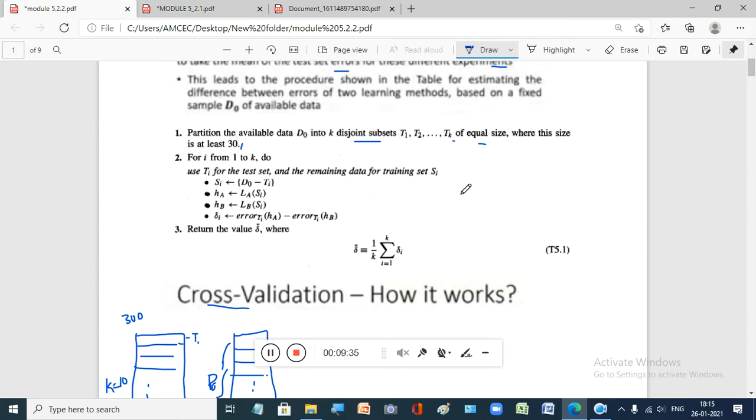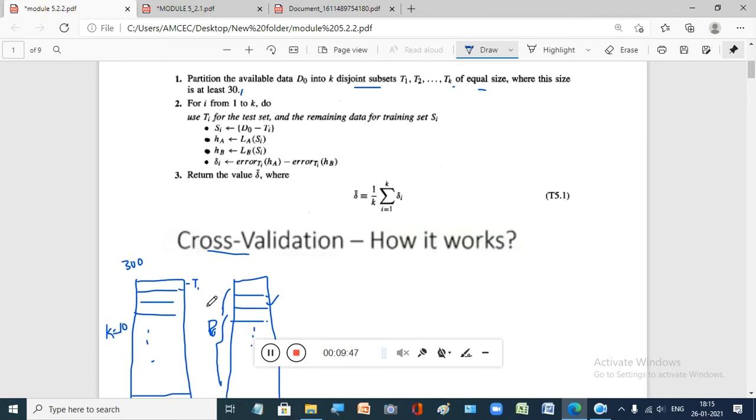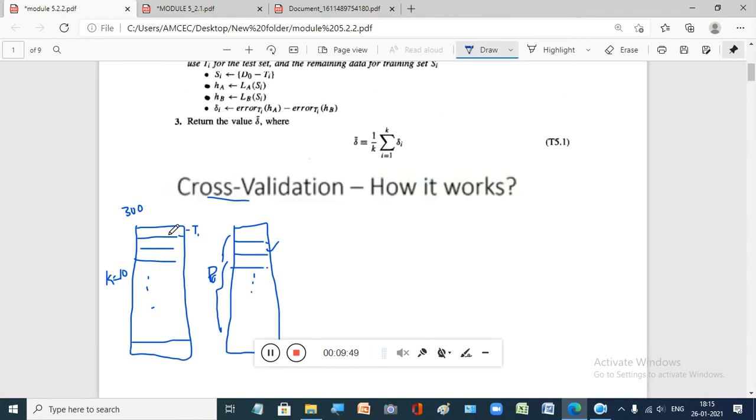Let us understand this here. Say this is your data set, and you have 300 records. We divide this entire data set D0, the 300 records, into k disjoint subsets T1, T2, up to Tk.